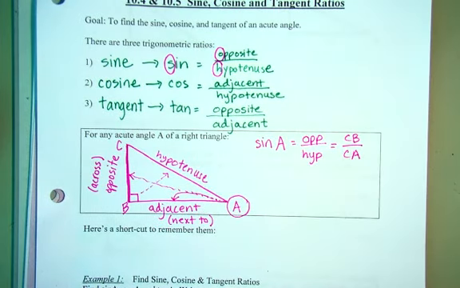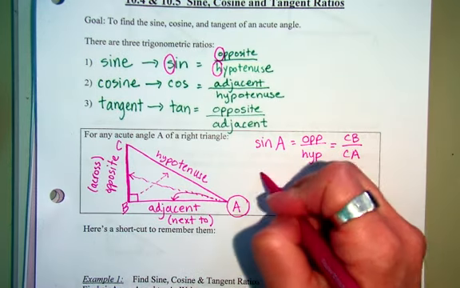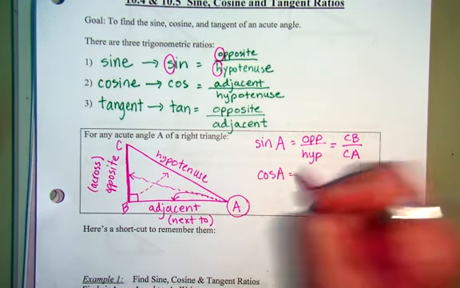So in a problem, like we'll do at the bottom when we do these examples, you're going to have numbers for these sides, 3, 7, 2, whatever they are, and you're going to plug in the numbers here instead of CB and CA. Okay? How about cosine of angle A? What would the cosine of angle A be? Well, look up here.